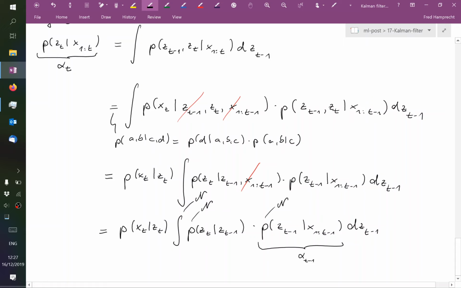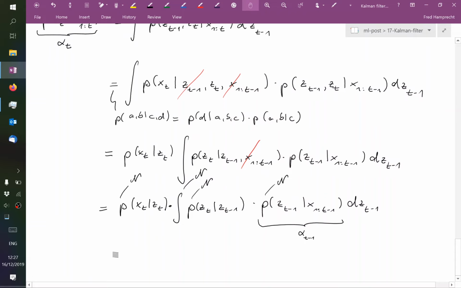If we marginalize some variables out of a normal distribution, we get something that still is a normal distribution, and we multiply it with a measurement term that's also a normal distribution, and hence we know that this thing here, whatever it is, will also be a normal distribution.